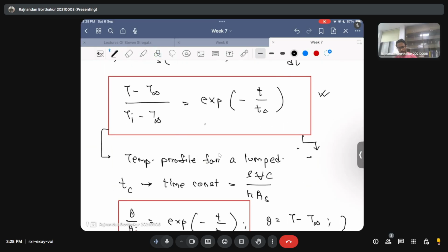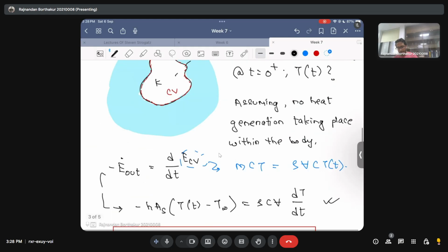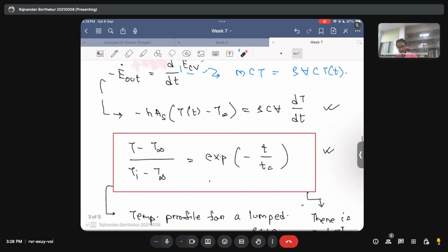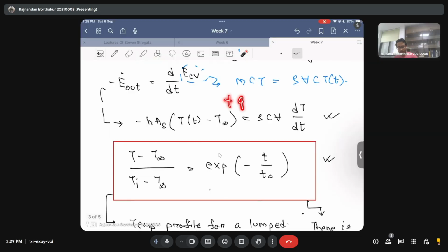Because if there is heat generation, then there will be one more term here, something like E gen, which will be Q dot times the volume, and then you cannot apply the method of separation of variables, because it will now be a different form of the ODE.